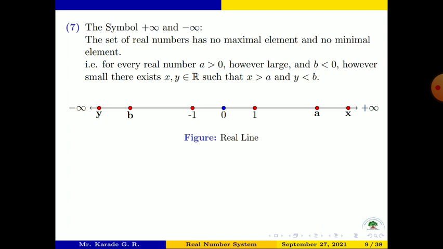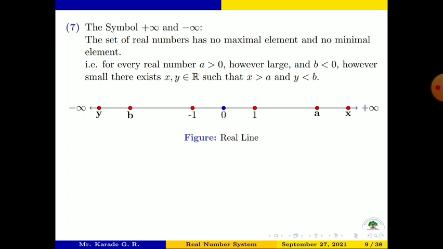In this way we can put the positive integers 0, 1, 2, 3, 4 on the right hand side of 0, and we can put the negative integers -1, -2, -3 on the left hand side of 0, and between any two integers there are infinitely many real numbers. So in short, the real line is shown here.